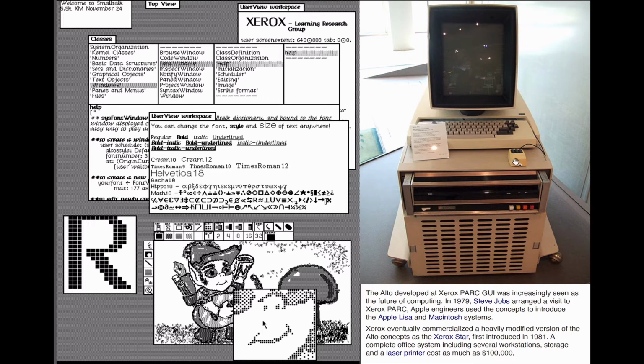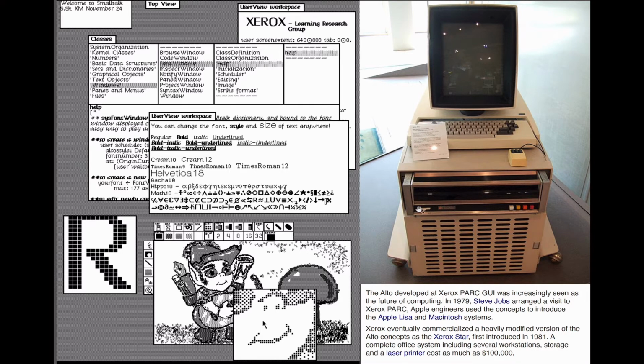Apple engineers, led by Steve Jobs, who was starting a little computer company at that time, arranged to go visit Xerox PARC. And I believe they allowed people to buy some stock or something to pay them back for this privilege. And they saw this and they decided to try to make a consumer level system, which eventually has become the Macintosh we're all familiar with.